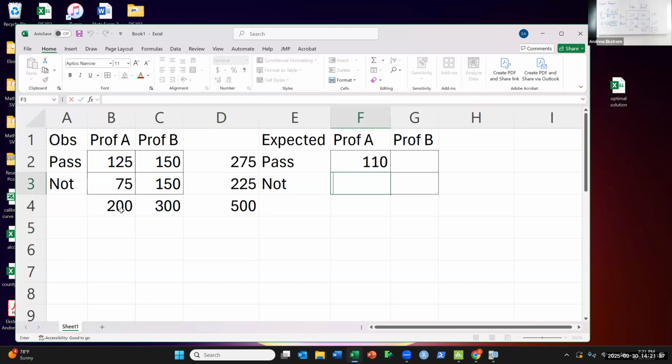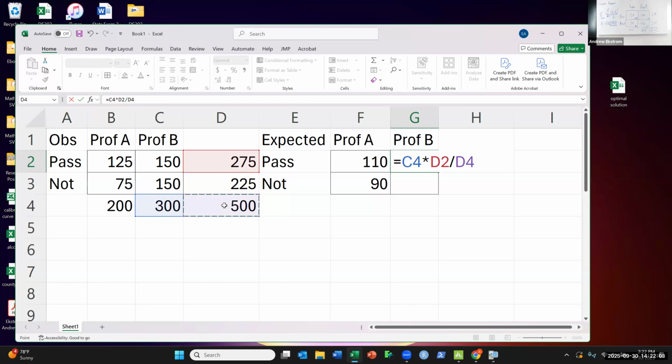Over here, again, column total times the row total divided by the total. Over here, again, column total times row total divided by the total.